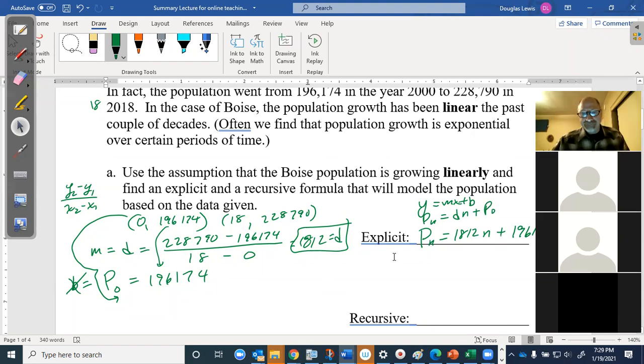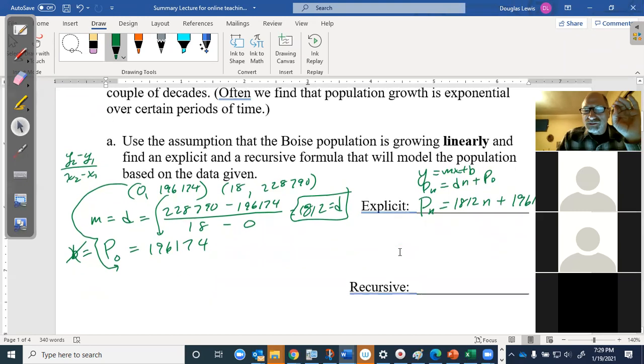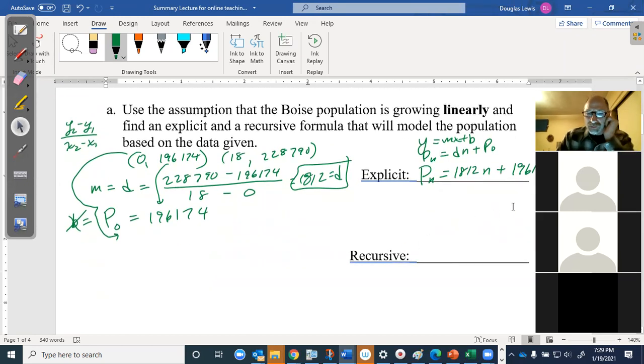Now, a recursive formula is different. A recursive formula only tells you how to get from one value to the next. It doesn't tell you the starting point. So the number that we will not have in this formula is the 196,174.